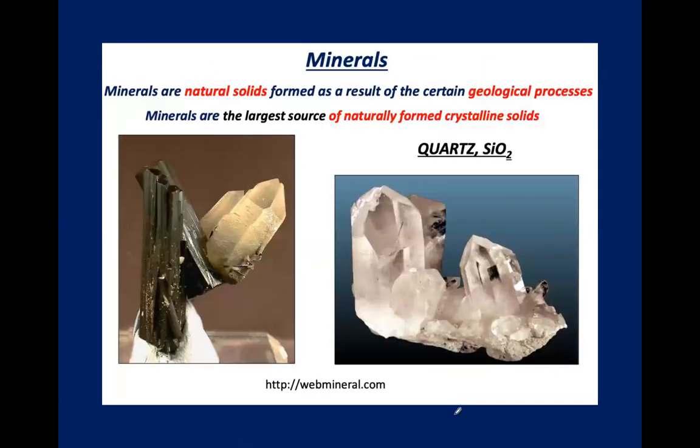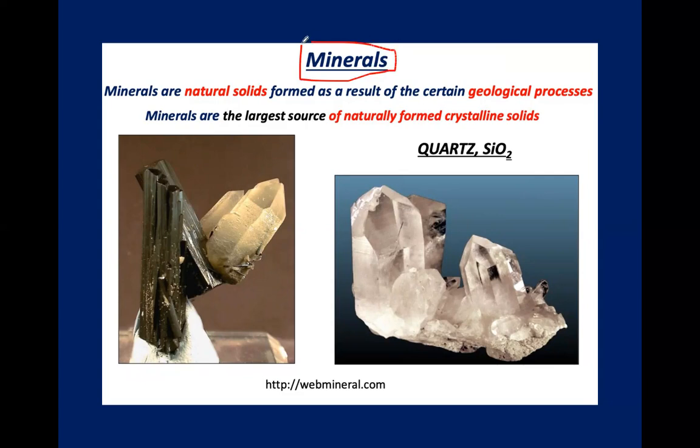So now you have a fair idea about crystals. That means some substances which have a specific shape, specific composition, and specific or orderly internal arrangement of atoms or ions. So that is what you call crystal. So there are more than 3,000 minerals on this planet.